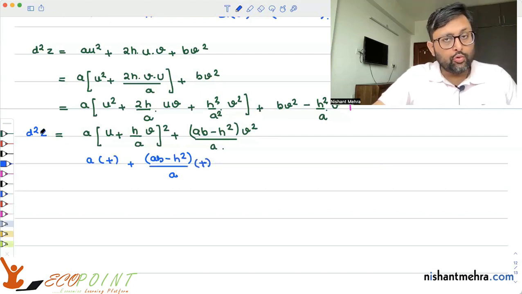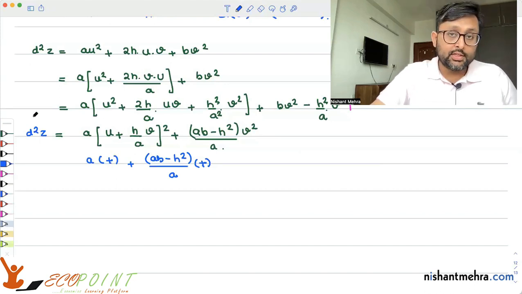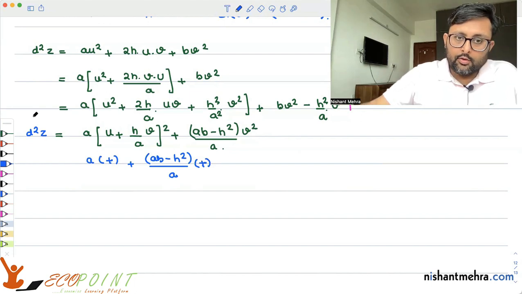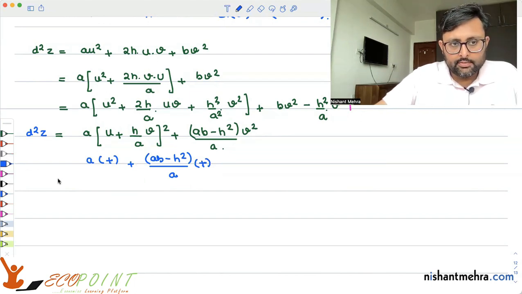So we need to know the sign of d to z, because in case d to z is positive, that is the point of minima. If d to z is negative, that is the point of maxima, right? We need to form some cases. So let's look at the first case.